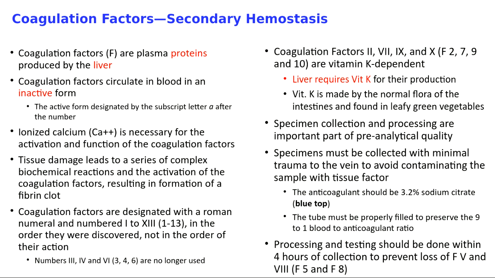And those factors are factor 2, 7, 9, and 10, that we call the vitamin K dependent factors, meaning the liver makes them, but then vitamin K has to be present to actually finish, like to polish them off. Without it, they are going to be useless.